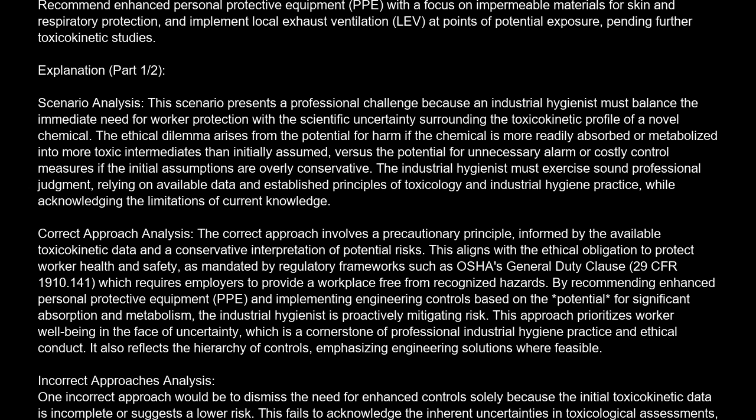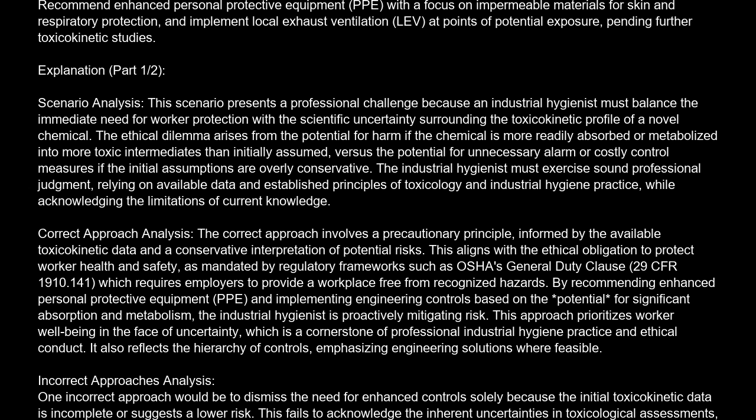Correct approach analysis. The correct approach involves a precautionary principle, informed by the available toxicokinetic data, and a conservative interpretation of potential risks. This aligns with the ethical obligation to protect worker health and safety, as mandated by regulatory frameworks such as the OSHA General Duty Clause, 29 CFR 1910.141, which requires employers to provide a workplace free from recognized hazards by recommending enhanced personal protective equipment, PPE, and implementing engineering controls based on the potential for significant absorption and metabolism.